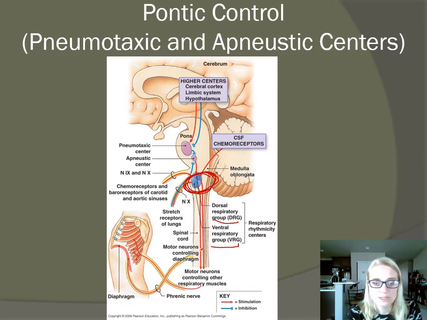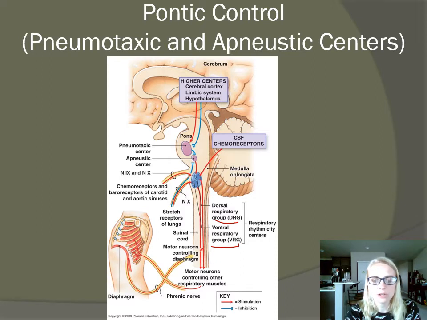If you take a look at the descending tracts here, it goes right to that diaphragm. And then we also have some descending tracts that go to our other muscles. So that is the control of the diaphragm and these accessory muscles via the medullary systems, the medullary centers.